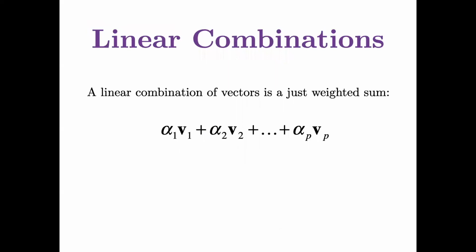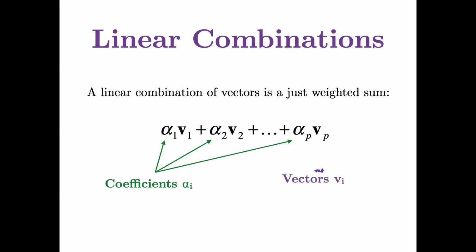The last application of scalar multiplication and addition that I want to cover in this video is that of a linear combination. A linear combination is just a weighted sum. We have these coefficients, the alpha_i's, those are scalars. And we could have anything like a matrix or even a number, but typically we'll be looking at a linear combination of vectors, here the v_i's.